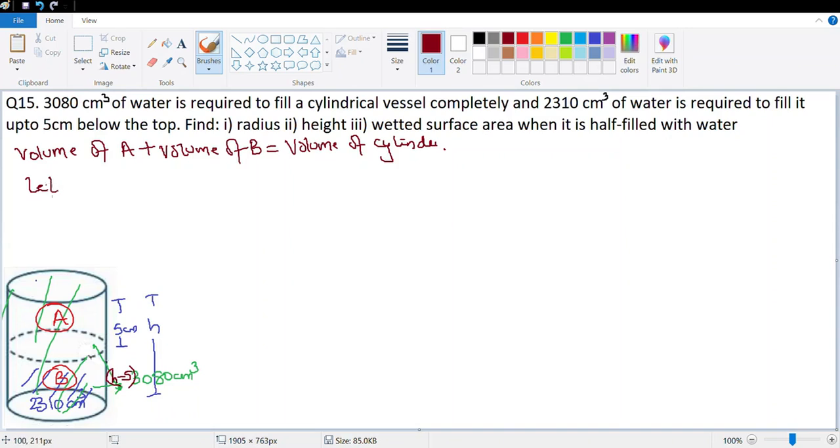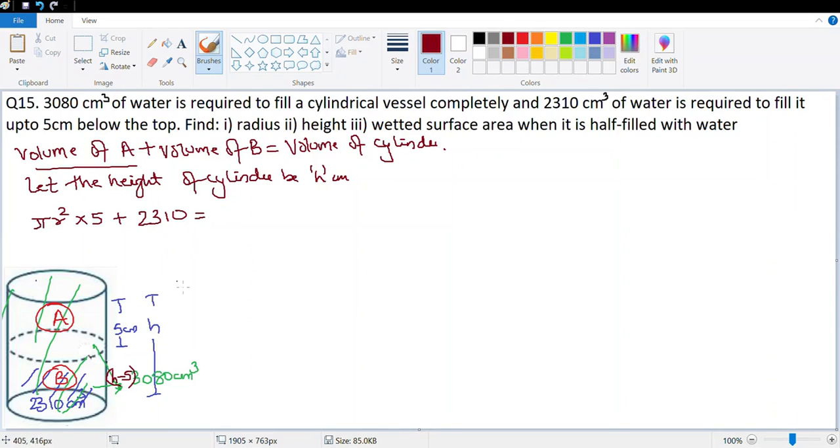Let the height of the cylinder be h centimeter, which means volume of A, which is pi r square into h, for this is 5, plus volume of B, which we know, is plus 2310, is equal to volume of cylinder, which is given equal to 3080.